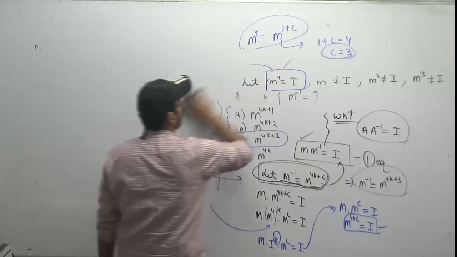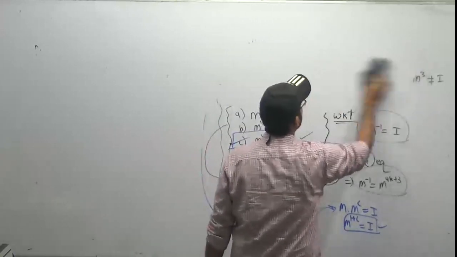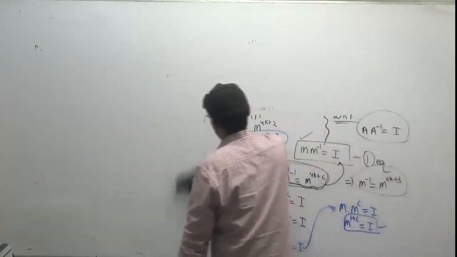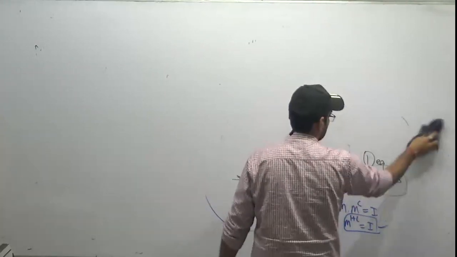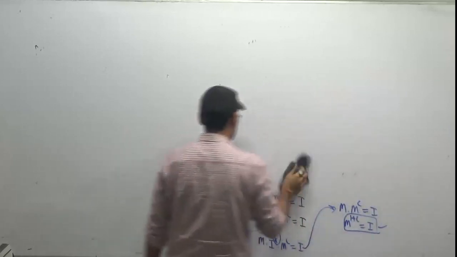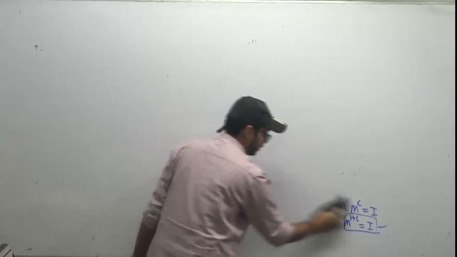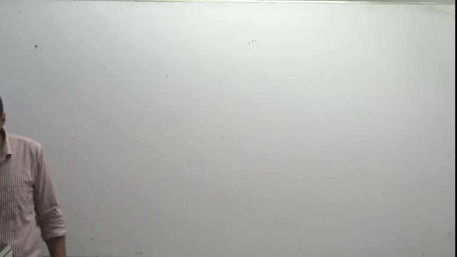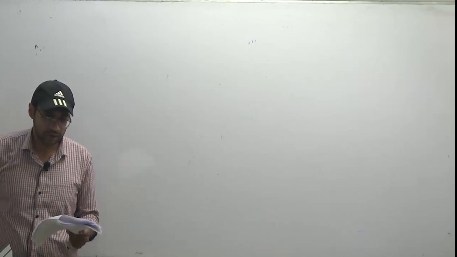Tell me, online students and offline students. I taught you this. We have studied this thing. Anyone? You don't remember? Okay, tell me the answer. Hurry up. What's the answer in this case? Anyone? Any idea?